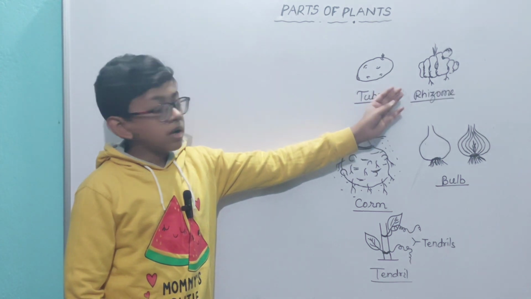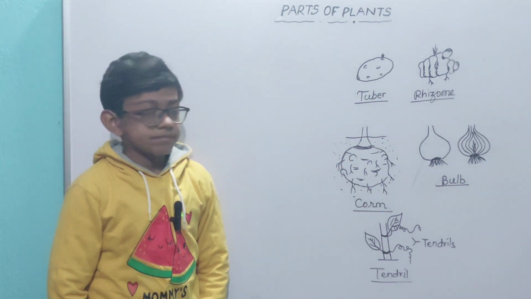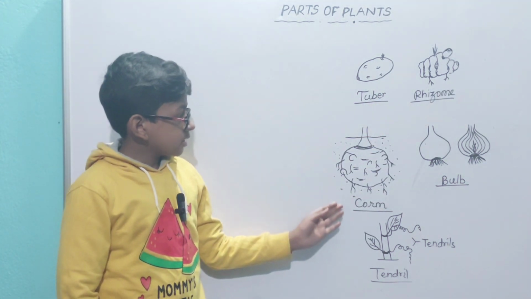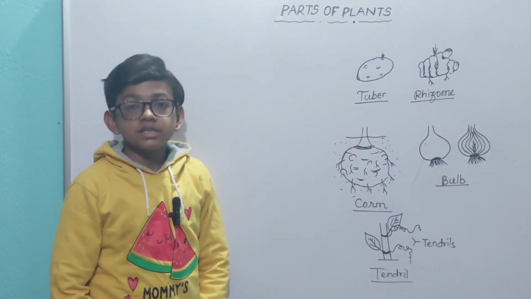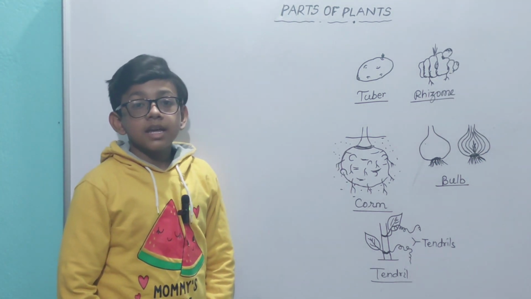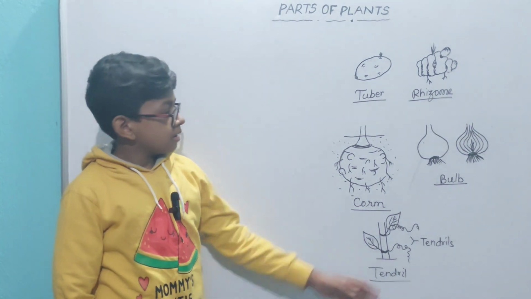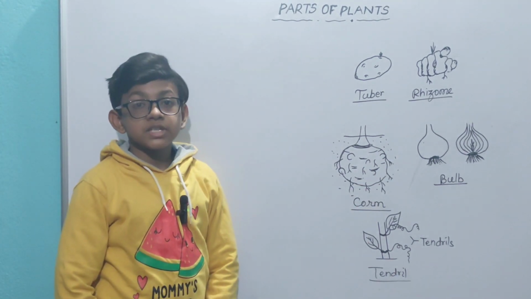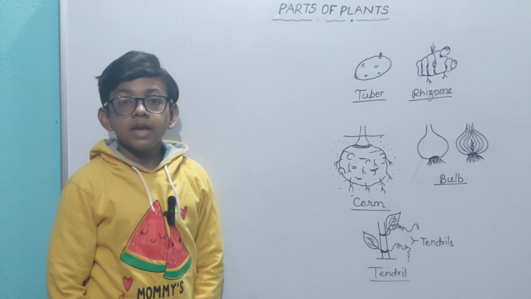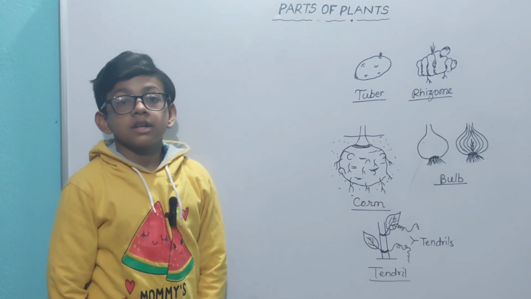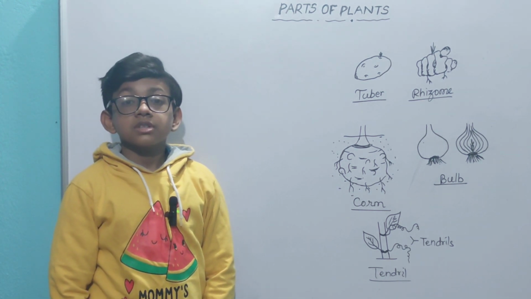Rhizomes swell up in an irregular form. Corms are rounded and condensed, covered with scaly leaves. Bulbs become fleshy and overlap each other. They are connected to a disc. The disc is the reduced stem.